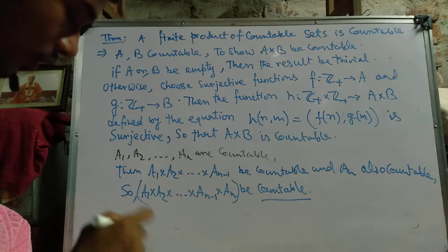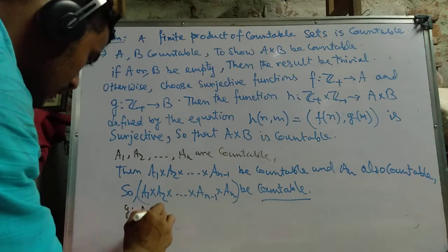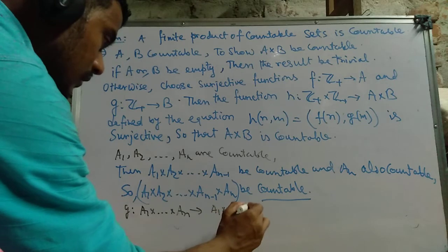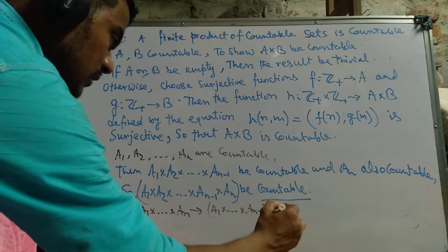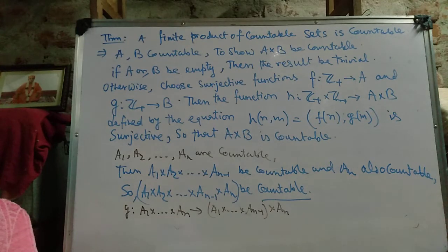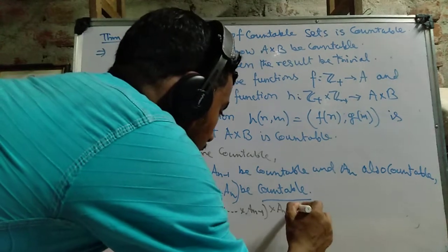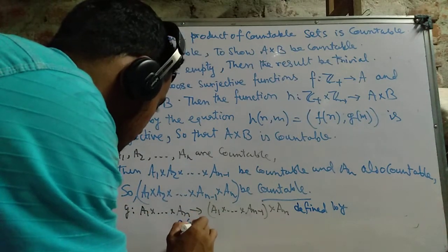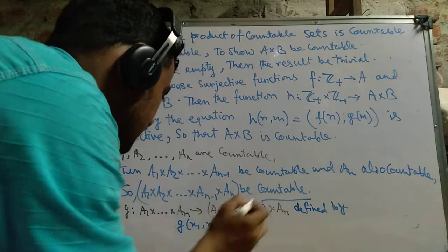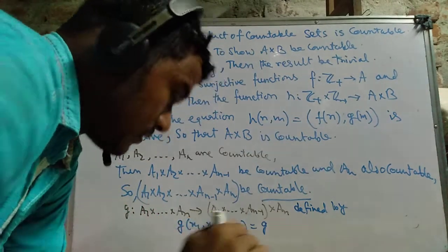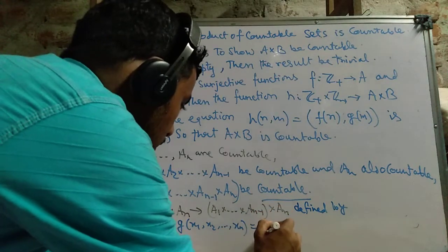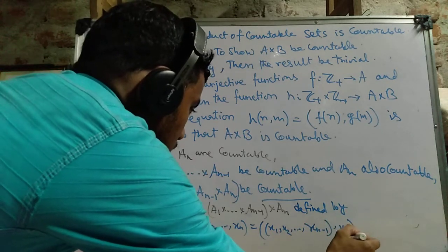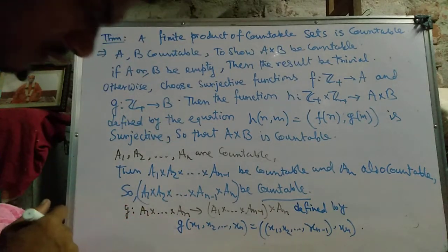Otherwise, we define g from A1 Cartesian product A2 up to A n minus 1 Cartesian product A n, defined by g of (x1, x2, up to xn) equal to ((x1, x2, up to x n minus 1), xn).